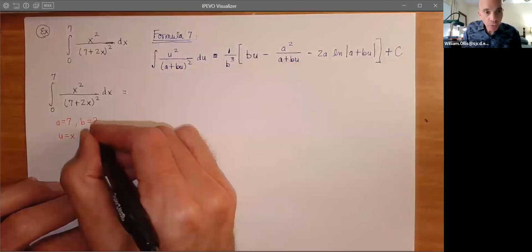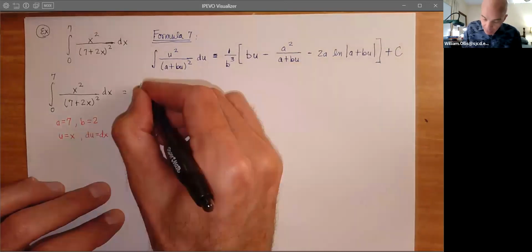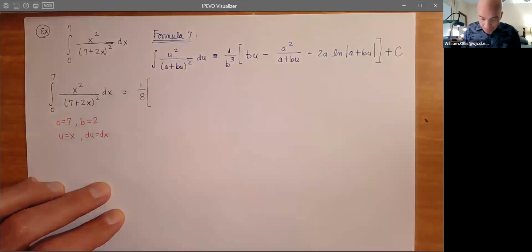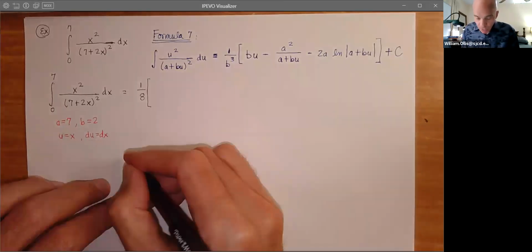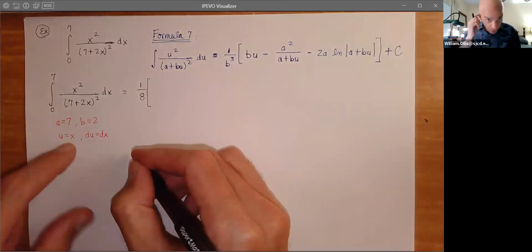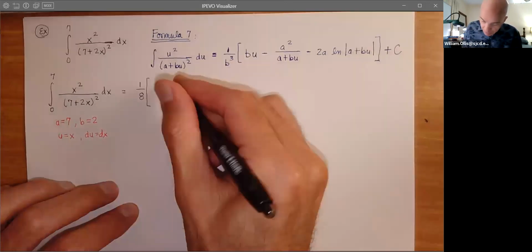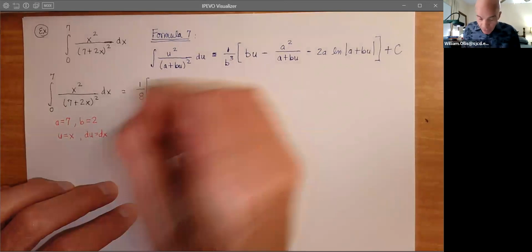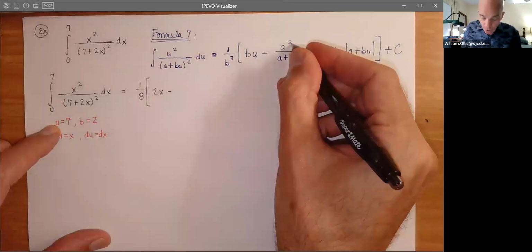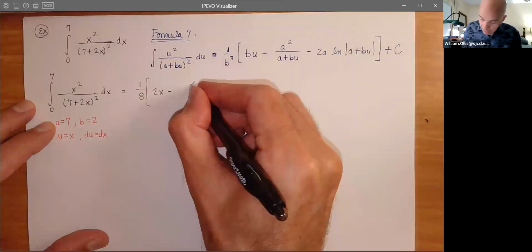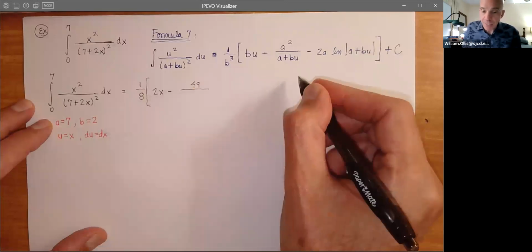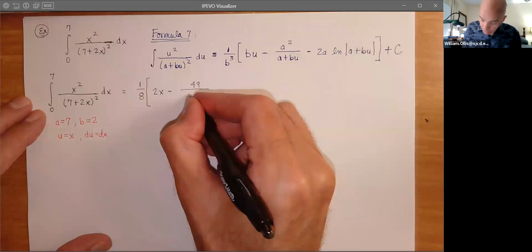We're going to cube b, that's going to give us an 8. And then we have bu, so b times u will be 2x. And then we have a squared, so a squared will be 49. And then a plus bu, that'll be 7 plus 2x.